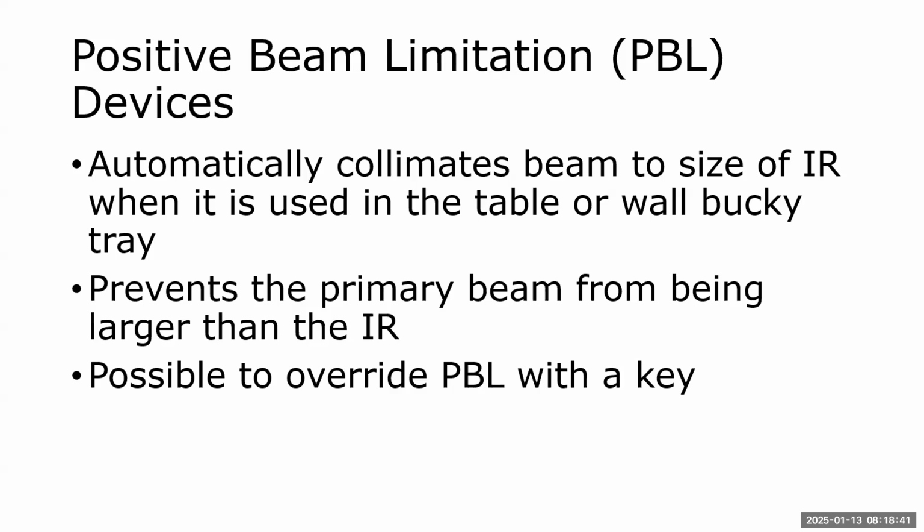When we had the small ones, it wouldn't open up any bigger than the size of that IR. And that's important. Why? Why is it important that the light not be any bigger than the size of the IR? Yeah, because there's no IR out there to receive that radiation. So why expose the patient to that if there's no IR to receive it?